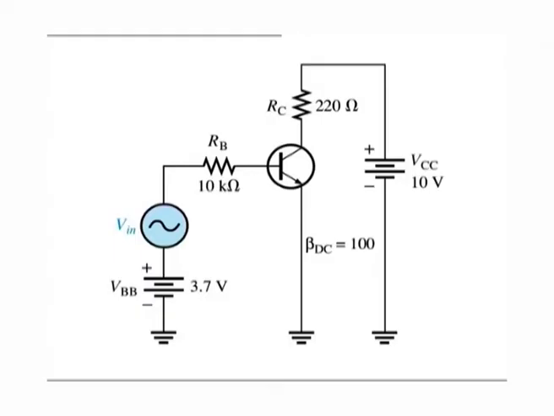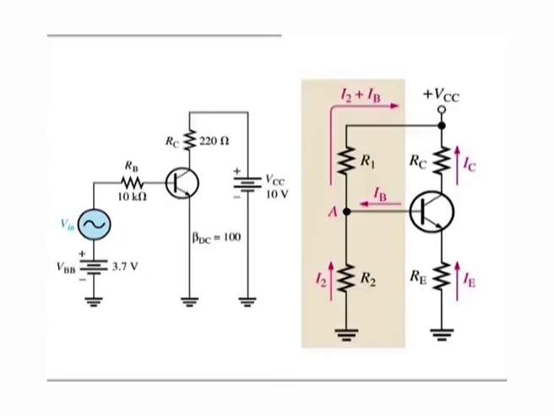Up to this point, a separate DC source VBB was used to bias the base emitter junction because it could be varied independently of VCC and it helped to illustrate transistor operation. A more practical bias method is to use VCC as a single bias source as shown in the figure.